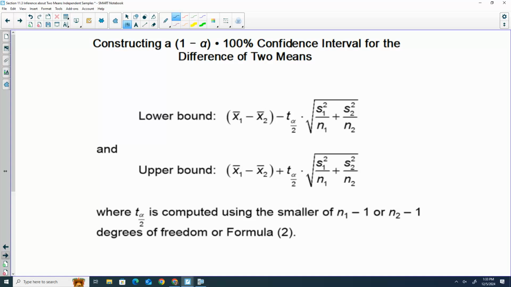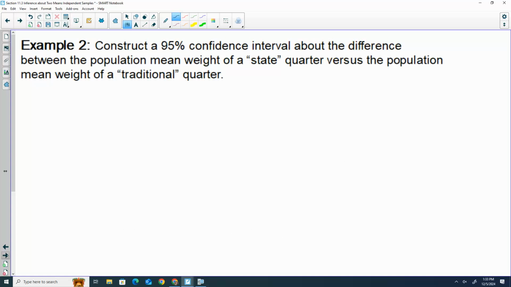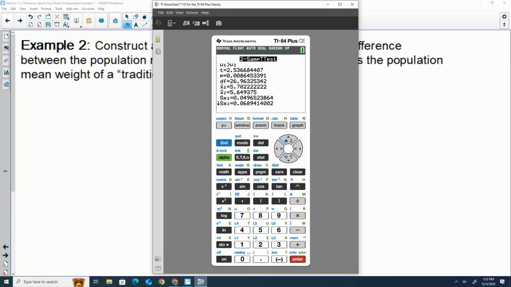We can use the confidence intervals on these as well. If you're doing them by hand, the calculation is much more complicated, but we don't have to do it by hand. Our calculator can do it for us. So let's take a look at the same one. If I wanted to make a 95% confidence interval about this, we look at our tests.